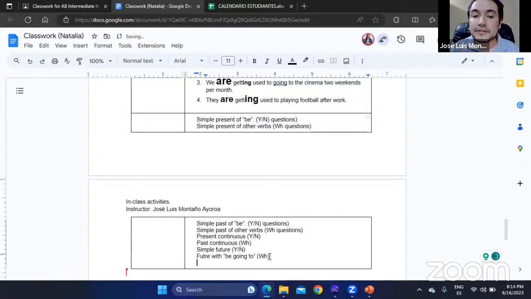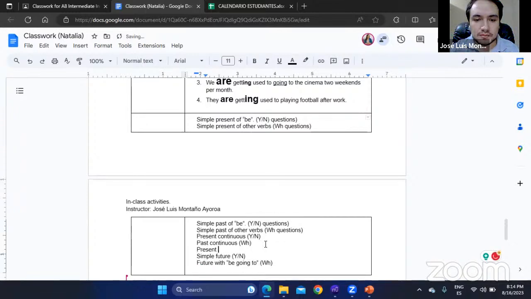Then we have the present perfect, and actually we're going to write that before. That's going to be over here. The present perfect, this is going to be, again, yes, no, and the same, but we have the present perfect continuous. And we only have one more.